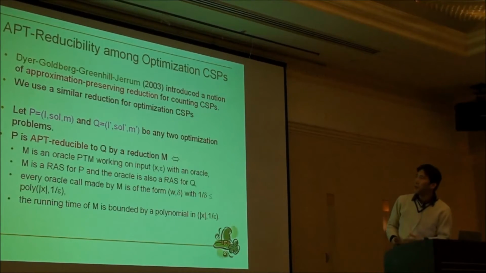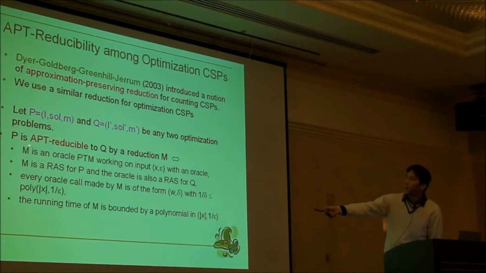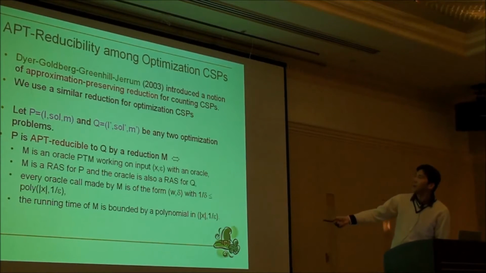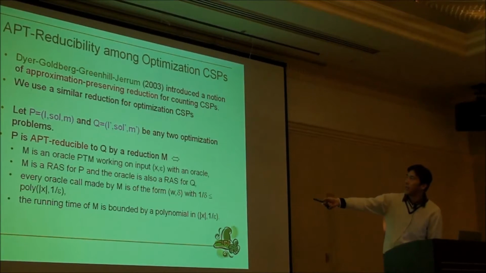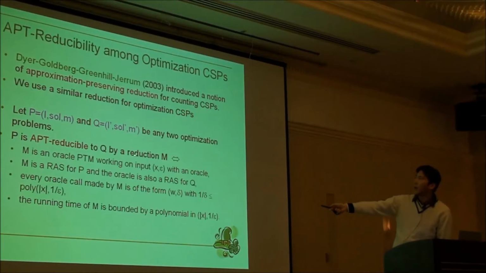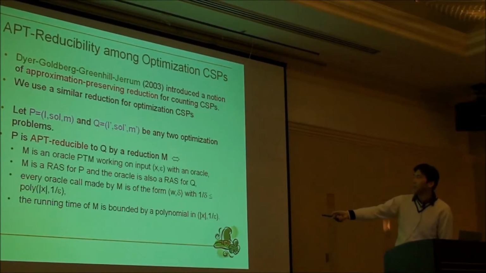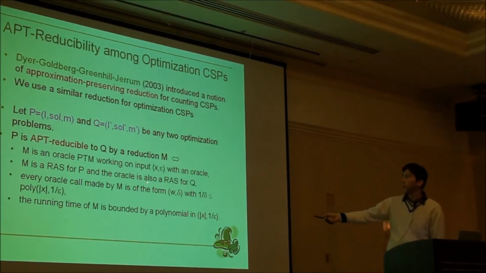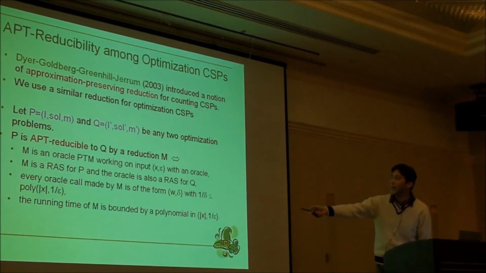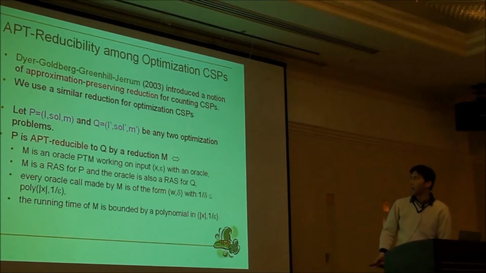So now we're going to do the reduction. Take two optimization problems, P and Q. P is reducible to Q by a reduction machine M. That means that M is a probabilistic Turing machine working on the input x and epsilon, and using an oracle that represents any algorithm that solves Q. Using this oracle, M solves P within polynomial time.